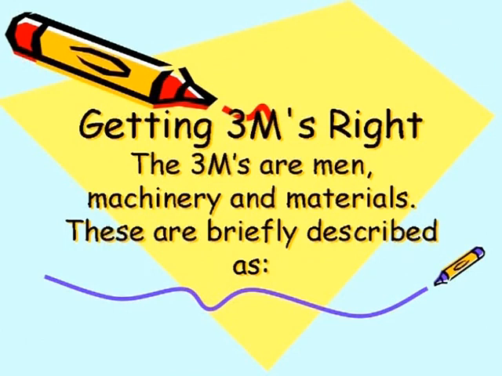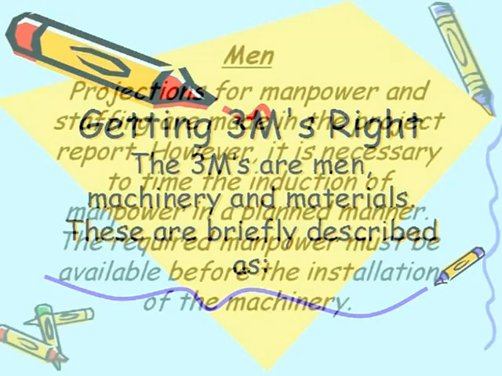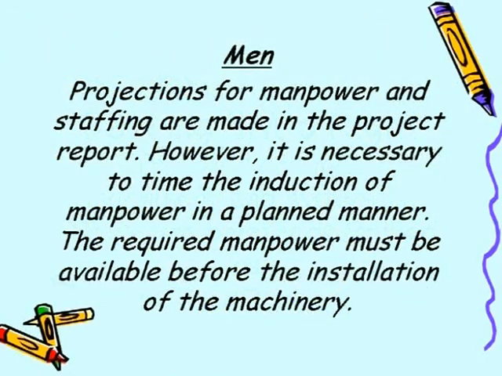Getting 3 M's right. The 3 M's are men, machinery and material. These are briefly described as follows. Men. Projections for manpower and staffing are made in the project report. However, it is necessary to time the induction of manpower in a planned manner.